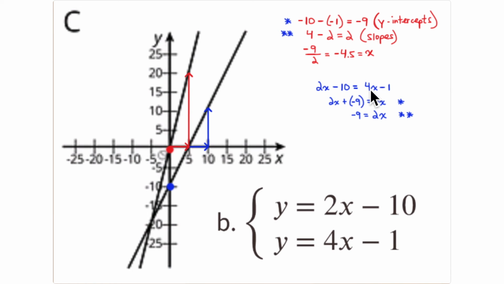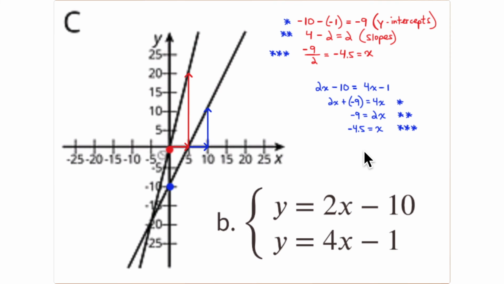And this 4x minus this 2x is equal to this 2x right here. So 4 minus 2 is equal to 2. And then to solve for the x-coordinate, that's -9 divided by 2. So how many times can you take 2 out of -9? The answer is -4.5 times. So this is the x-coordinate.